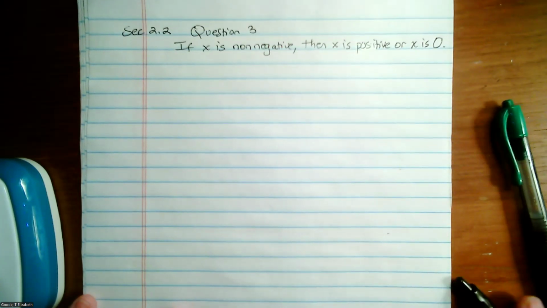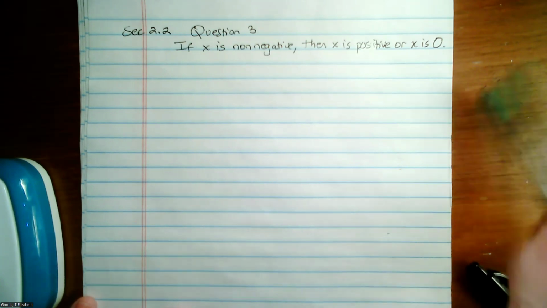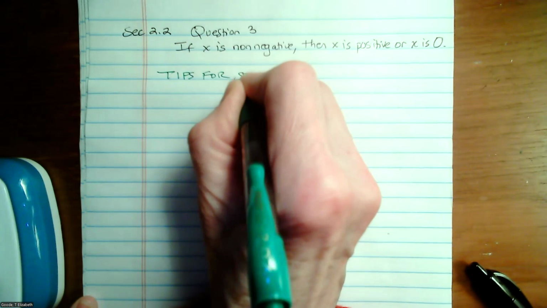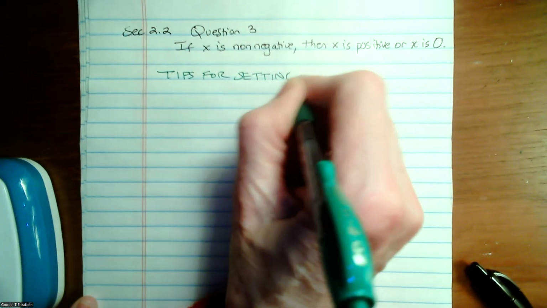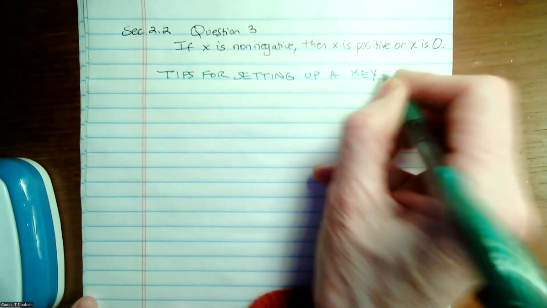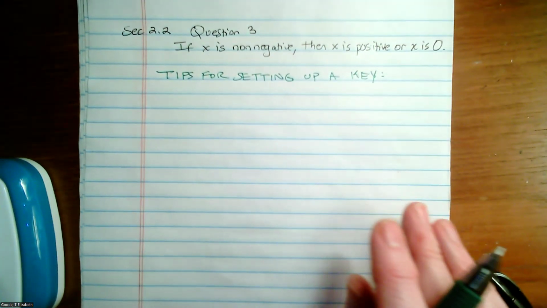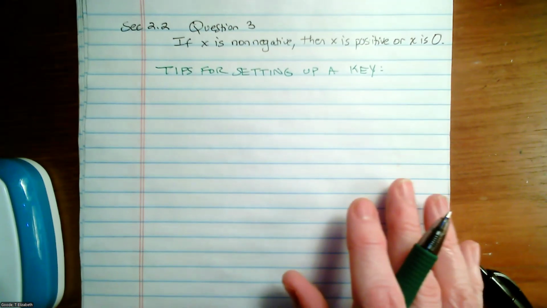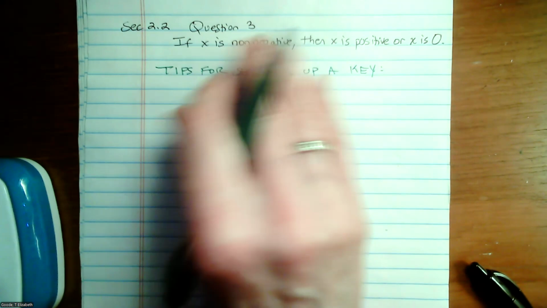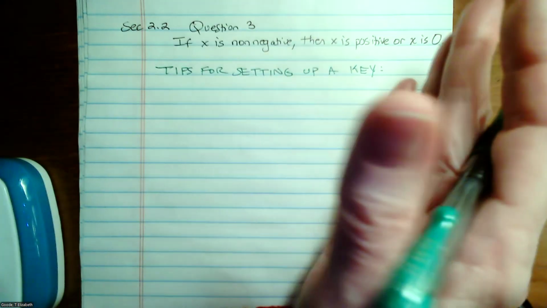One tip for setting up a key is to set up the key for the positive statement, not for the negation of a statement.